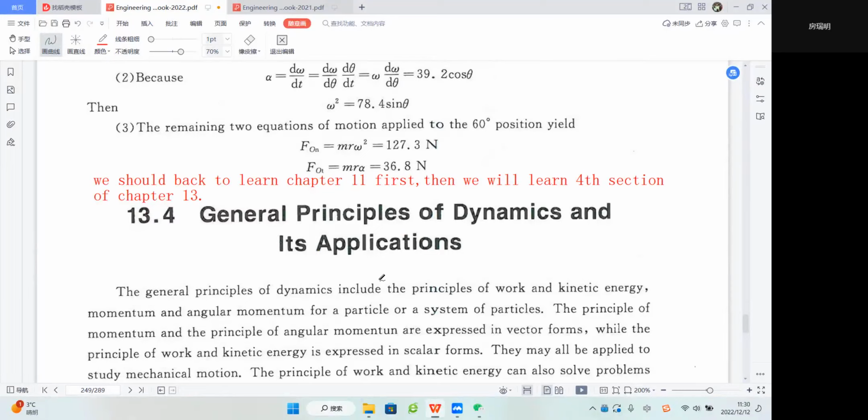It involves the principle of angular momentum plus kinetic energy. We do not learn that yet. So we have to learn the first principle and the third principle first. Then, if we have time, we can learn this section.